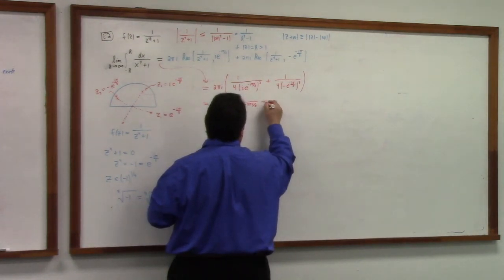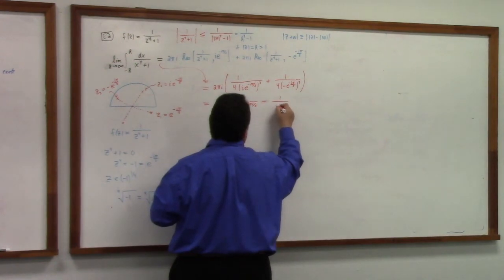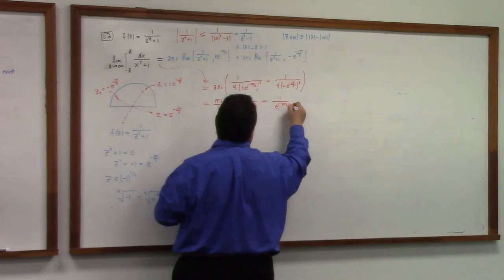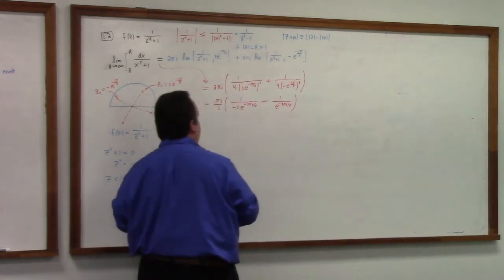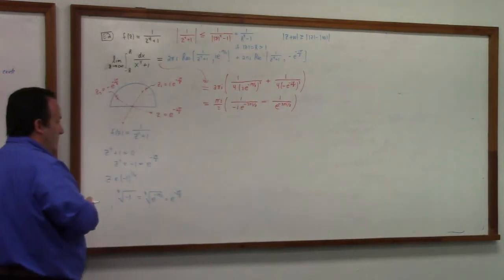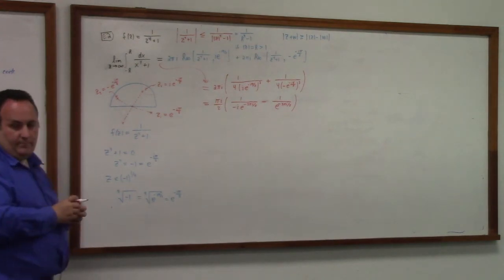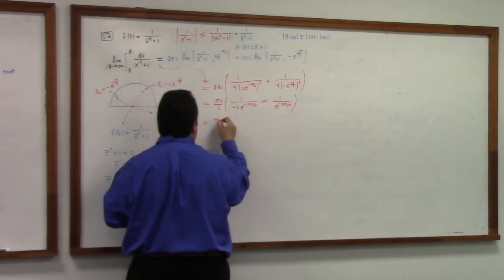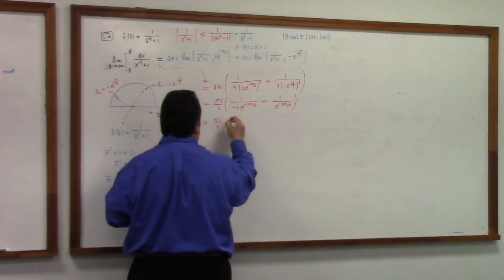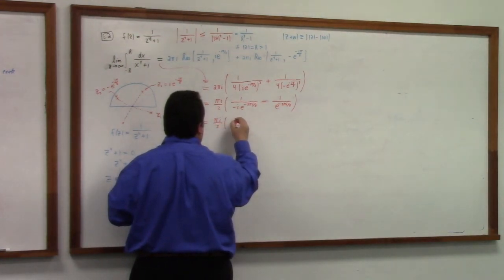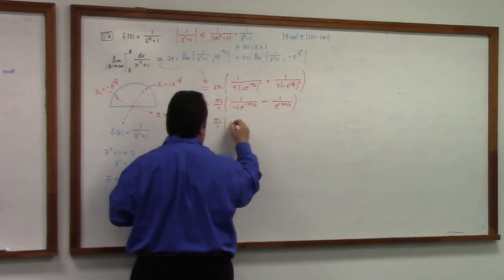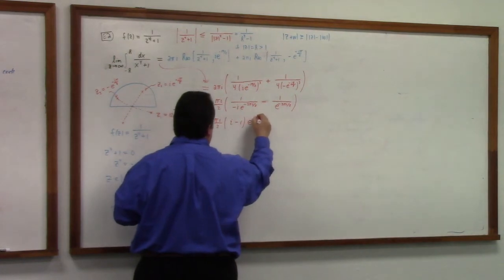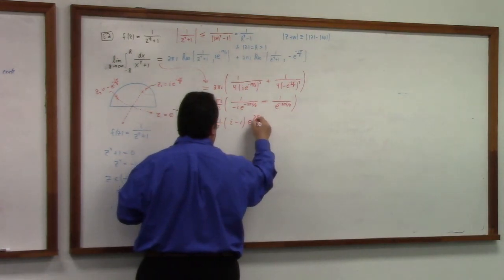So I get minus 1 over e to the, again, minus 3 pi i over 8. So it looks like I get pi i over 2 times, I can rewrite that as i minus 1 times e to the 3 pi i over 8.